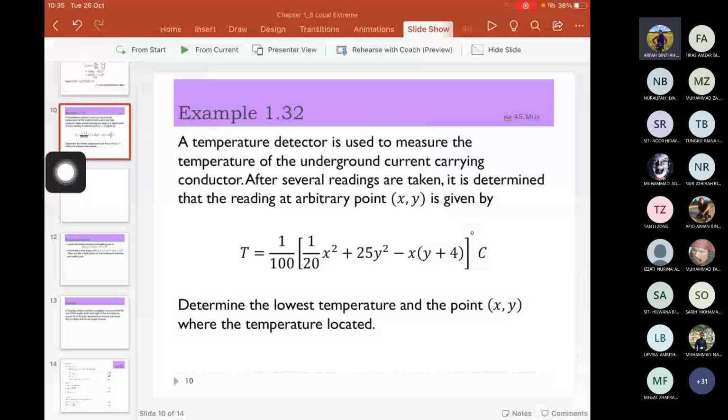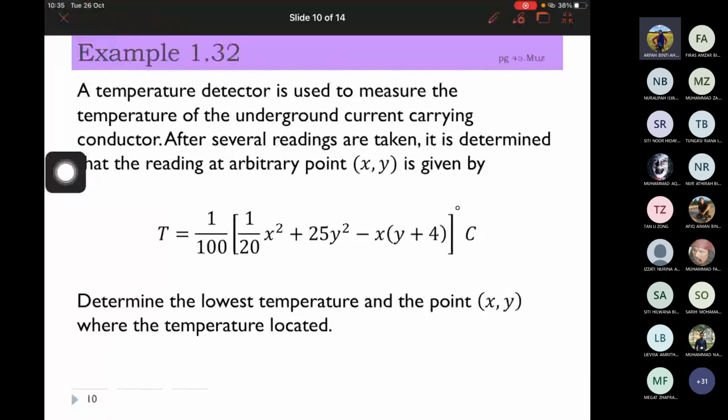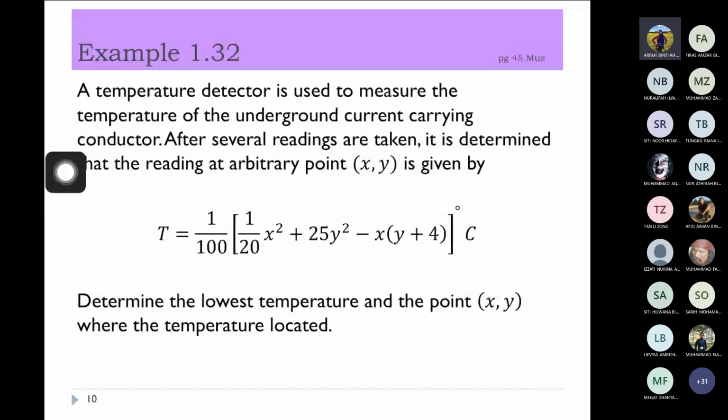Baca dulu soalan tu. A temperature detector is used to measure the temperature of the underground current carrying conductor. After several readings are taken, it is determined that the reading at arbitrary point xy is given by the equation of T equal to 1 over 100 multiplied with 1 over 20 x squared plus 25 y squared minus xy plus 4 degrees Celsius.